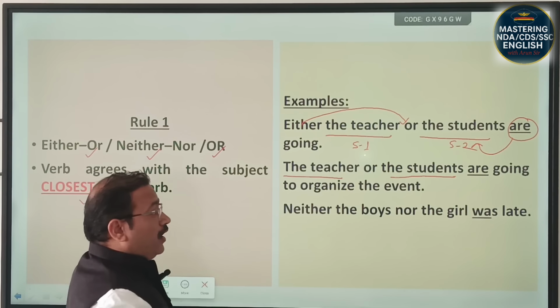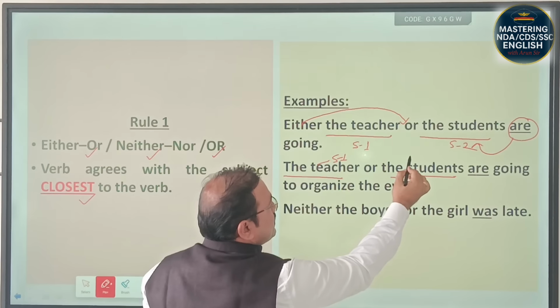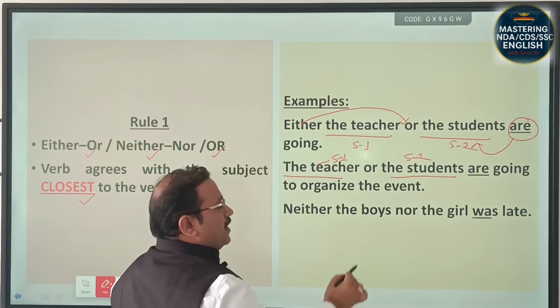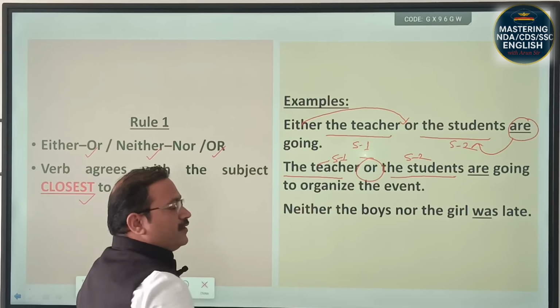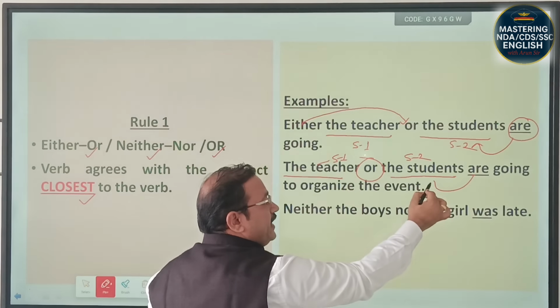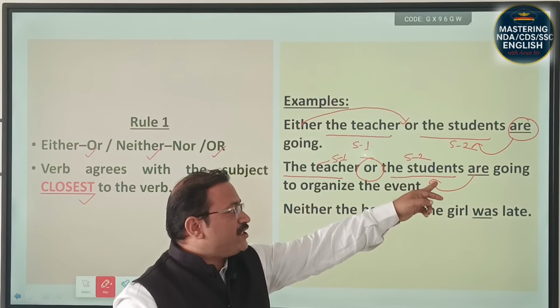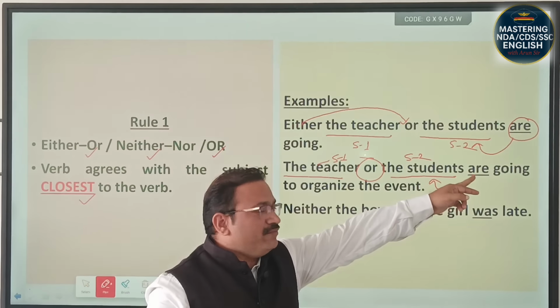Why are? Because the teacher is S1, subject 1, students subject 2. Both are joined by or, then the verb will agree with the nearest subject, the students. The students here is plural, so plural verb.